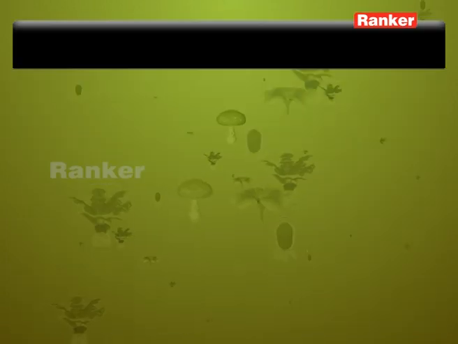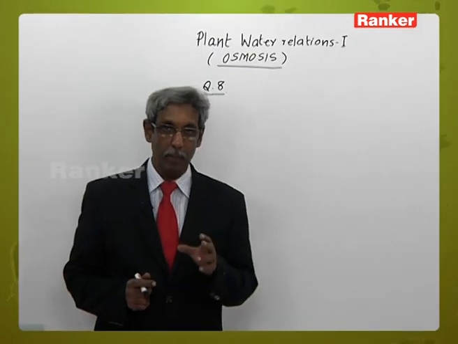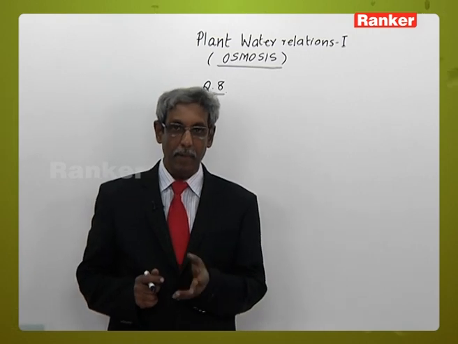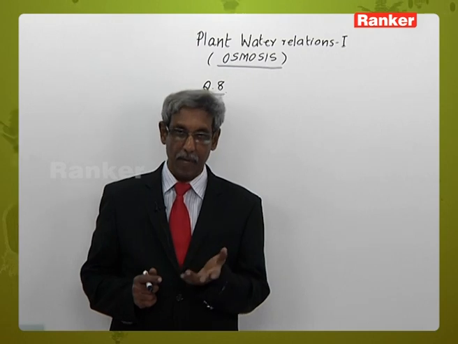Question number 8. Potometer works on the principle of A, potential difference between tube and the plant, B, amount of water absorbed equals that transpired, C, root pressure, D, osmotic pressure. When you take a potometer, it primarily measures how much water is taken in and how much water is lost via transpiration.